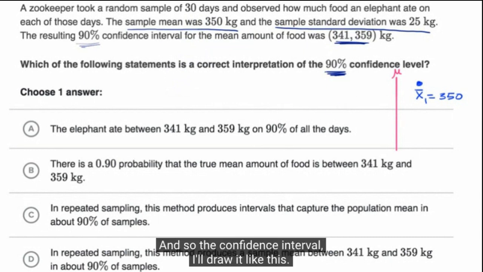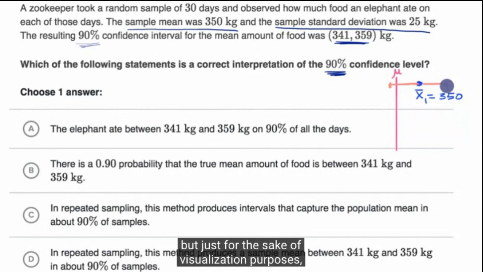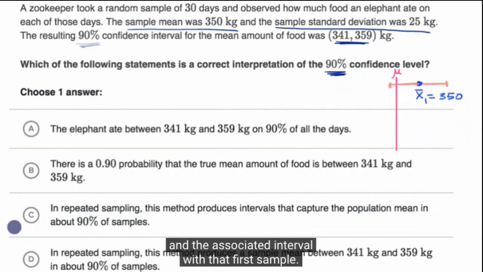So the confidence interval, I'll draw it like this. We actually aren't sure if it overlaps with the true mean, like I'm drawing here. Just for the sake of visualization purposes, let's say that this one happened to. The whole point of a 90% confidence level is if I kept doing this. So this is our first sample and the associated interval with that first sample.